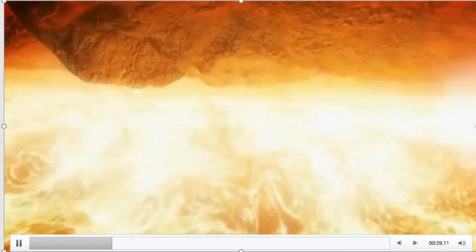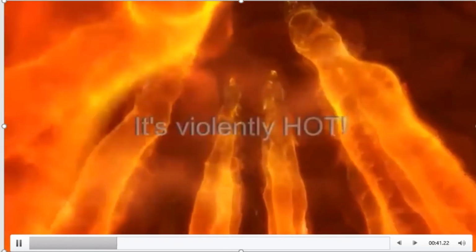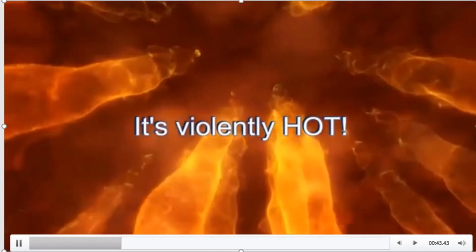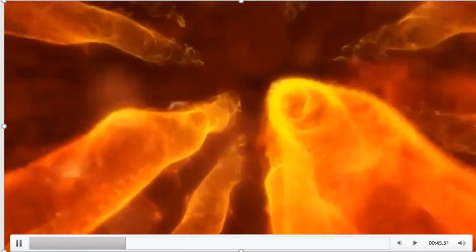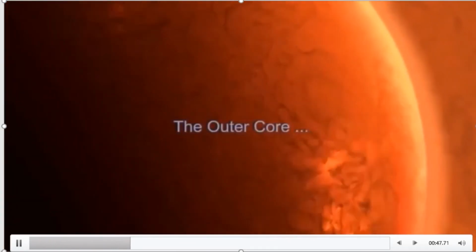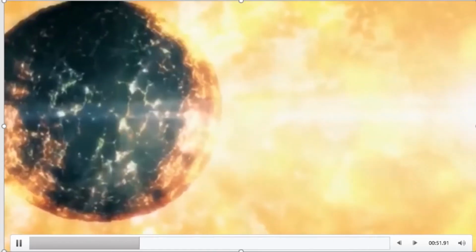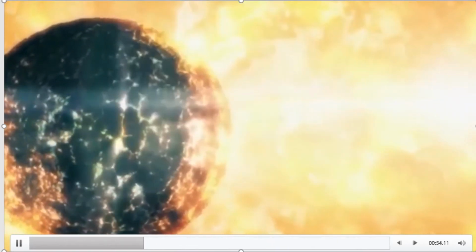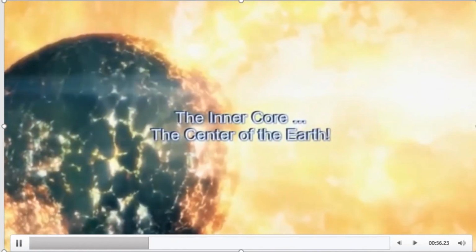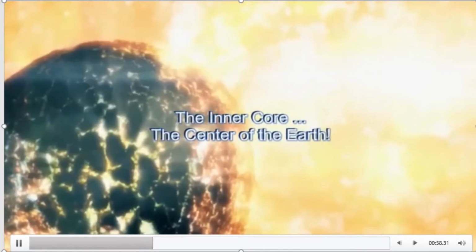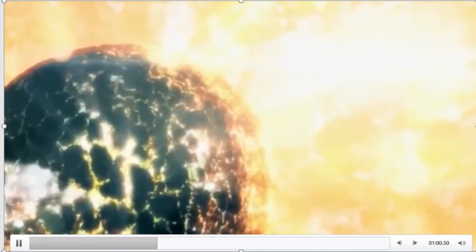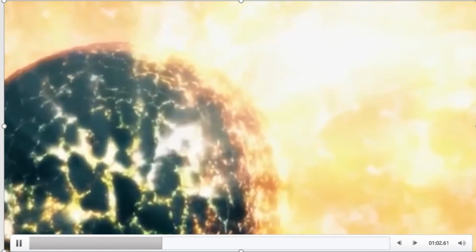Okay, that is the mantle where the rocks exist in a molten state, and those you are seeing projecting up are like pillars of magma trying to escape out of the Earth's surface. The inner core is there, containing very heavy rocks whose melting point is very high, so they exist in a solid state.